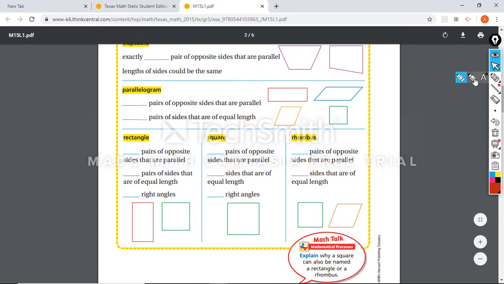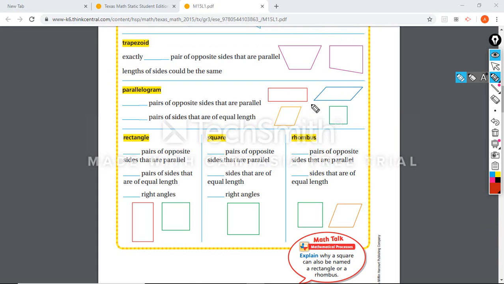Now we're looking at a parallelogram. Here are examples of a parallelogram. How many pairs of opposite sides are parallel? Well, here's one pair, and here's another one. So there are 2 pairs of lines that are parallel. How many pairs of sides are equal length?